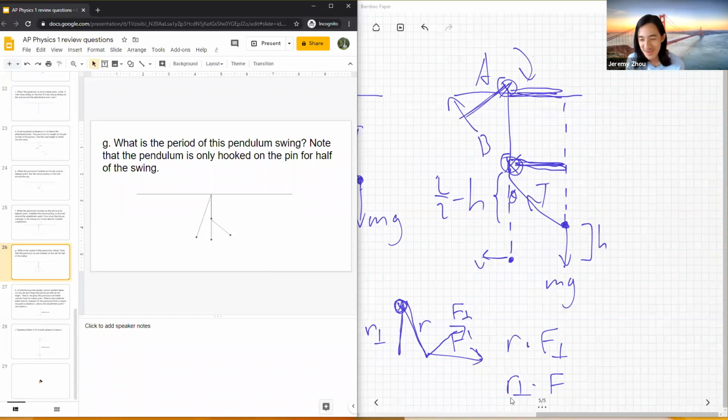So what do you do? What's the period for the whole swing, for both the left and the right side? The pin doesn't move.